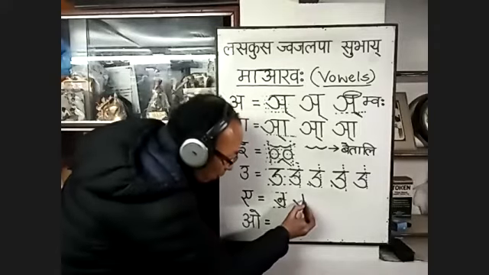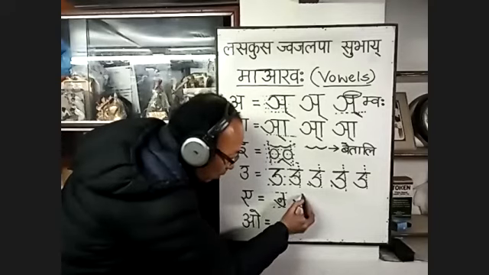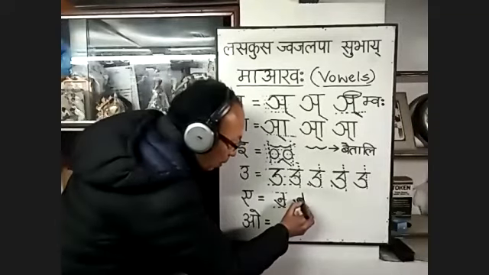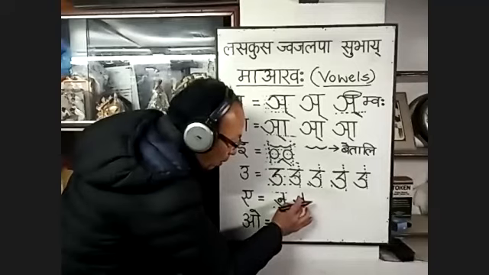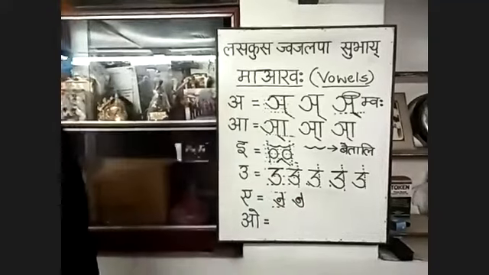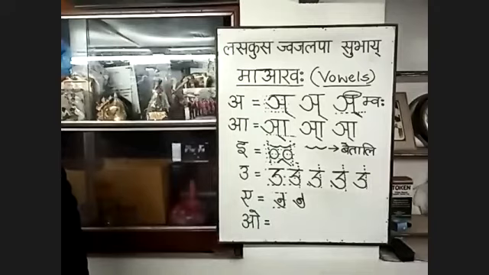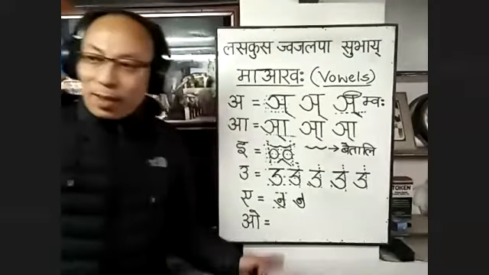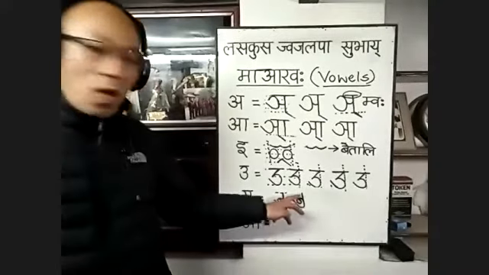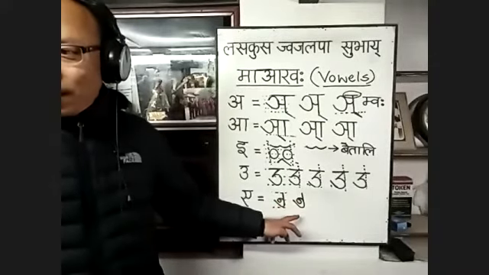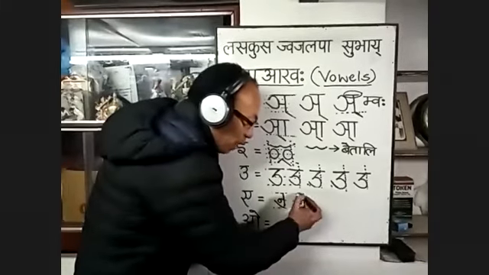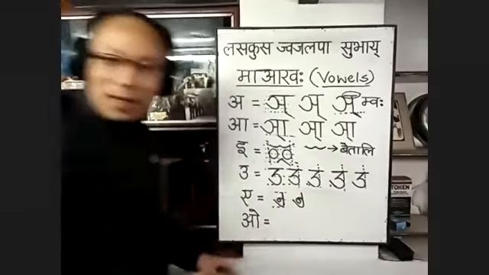First you write this, and from the middle of this part, like this. And this is the more-less letter. That means you don't need to write more in this letter.